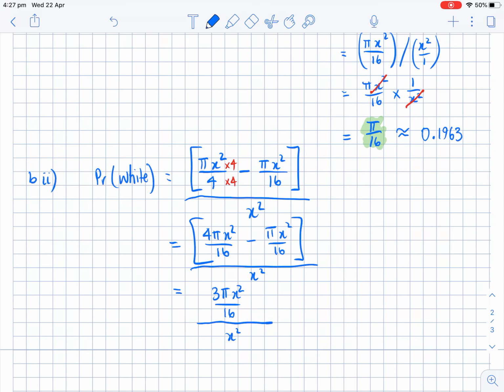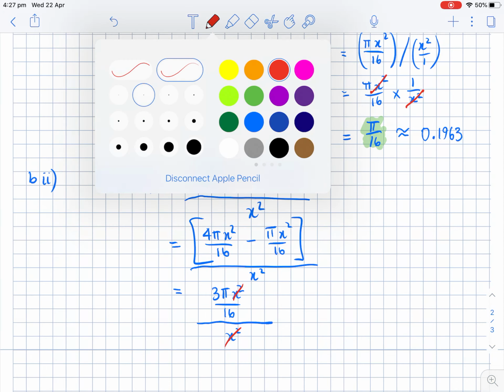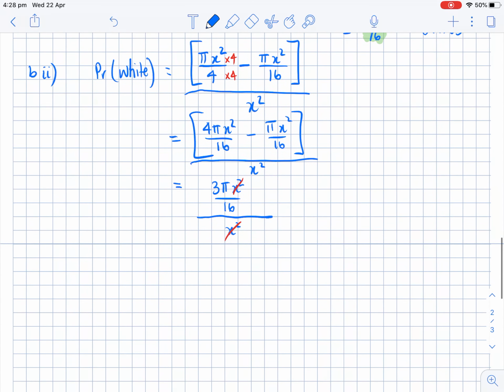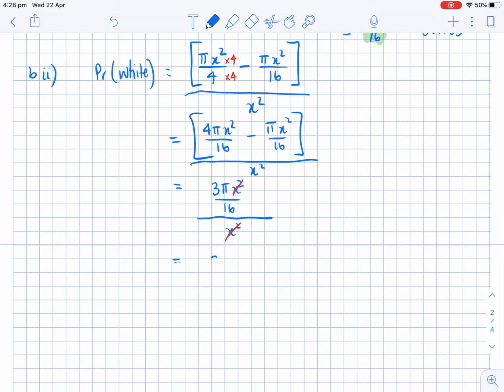divided by x squared. And if we use the idea of the flip and multiply from the previous problem, but just do it the short way, that x squared and that x squared will cancel out, and I'm left with a final answer of 3 pi on 16.